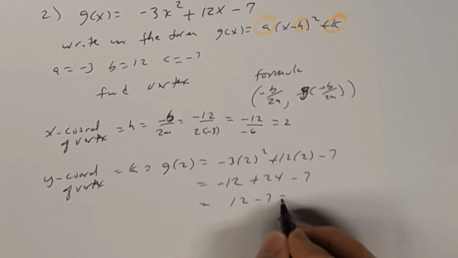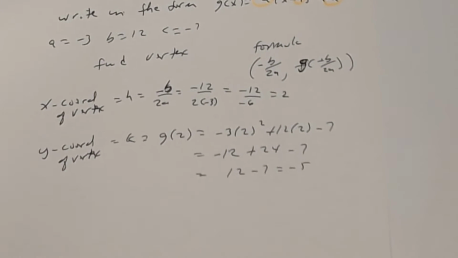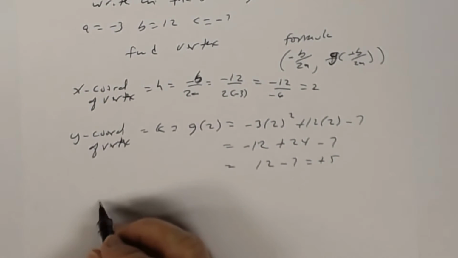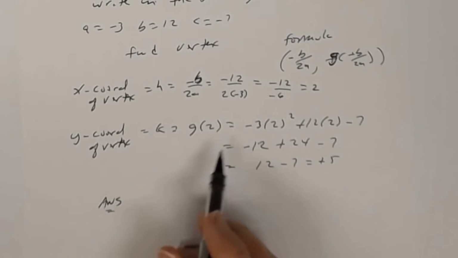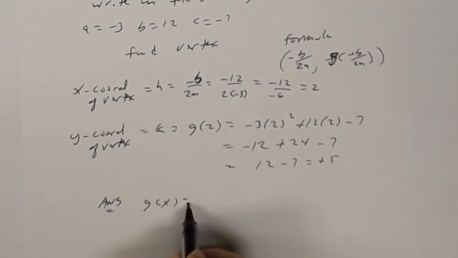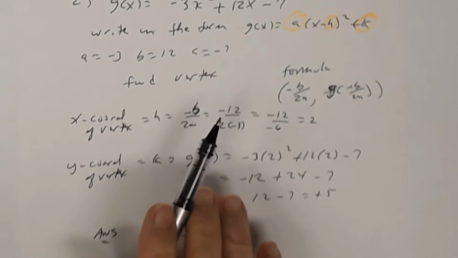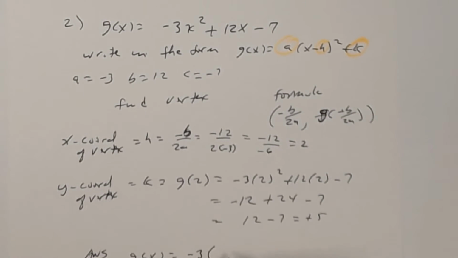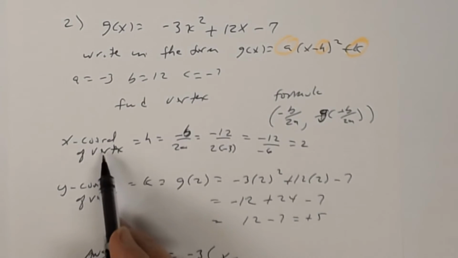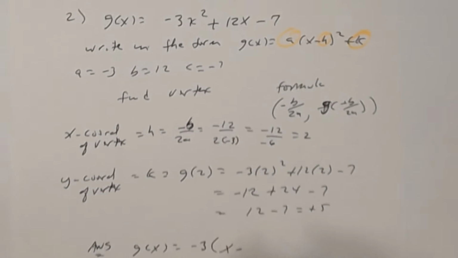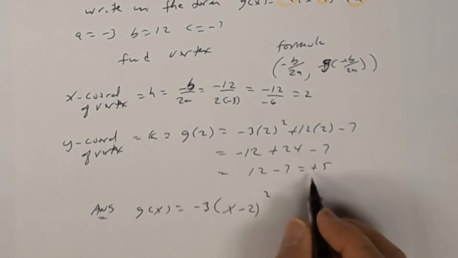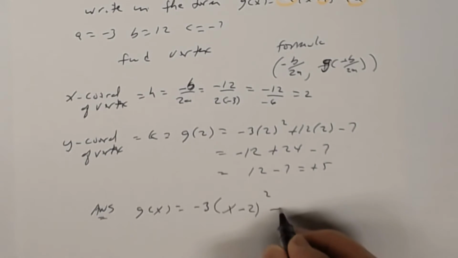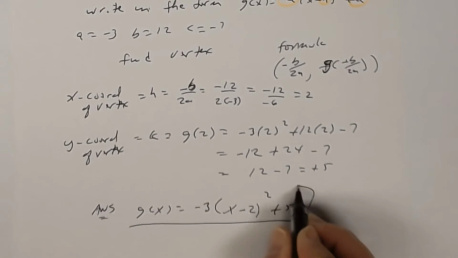And 12 minus 7 is positive 5, excuse me. And so therefore the answer will be g of x is equal to a, which is negative 3, times x minus h, which is 2, the x-coordinate of the vertex, squared, and then plus 5. K is 5. And so there's your answer.